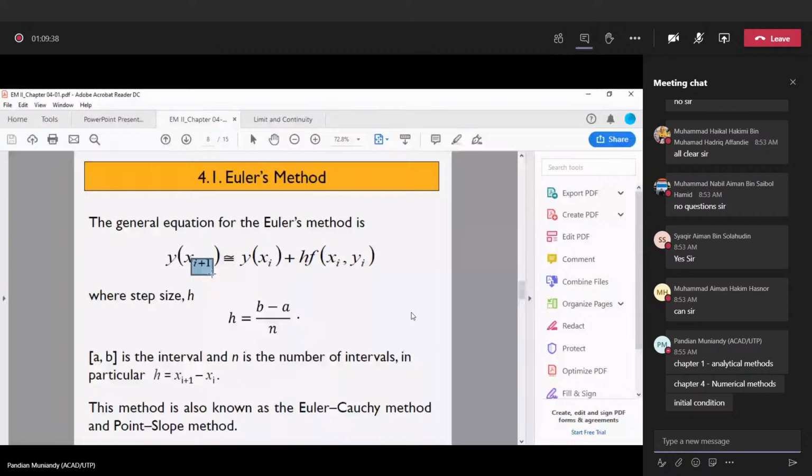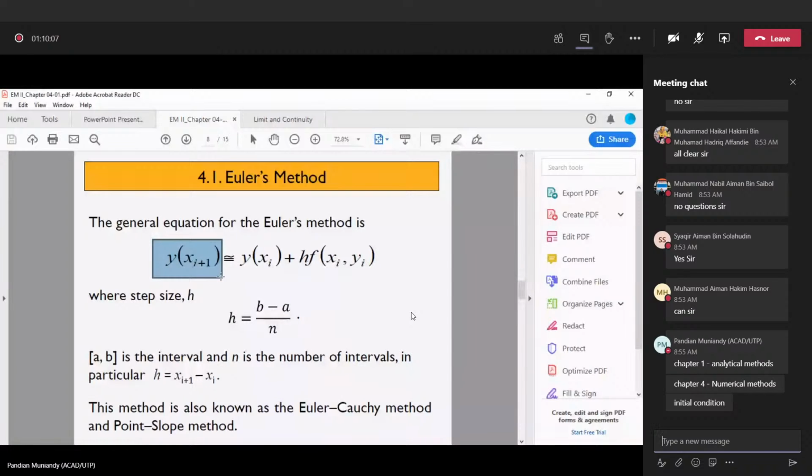That's all. So i plus 1 meaning the next x. x_i is the current one. x_i, y_i, the current one. So you put y(x_i), h is the step size, f(x_i, y_i), you predict the next output, next output for next input.